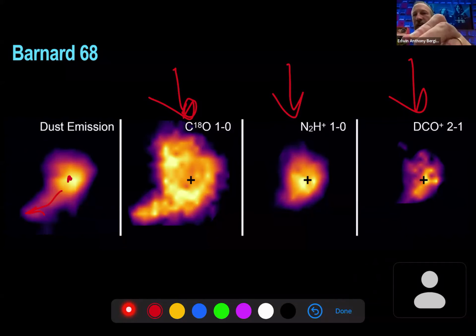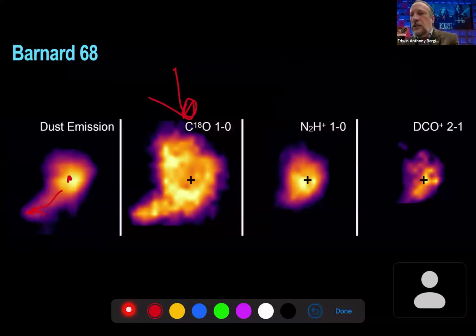Well, here in the center of this object, I have a depression in the C18O abundance, but my N2H+ is going up. What the heck is that? Well, it turns out, if you think about it, this gas is really cold, 10 degrees above absolute zero.